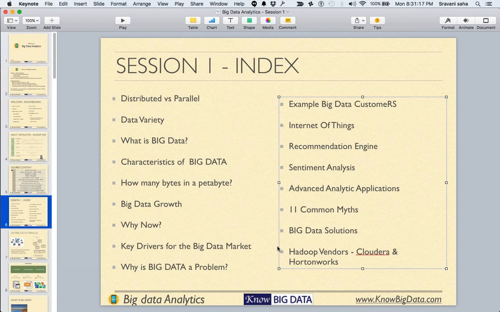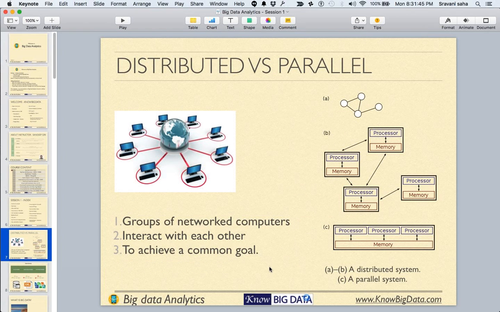In today's session, these are the various topics we will be covering. Those who have been part of my earlier sessions may find most of it repetitive. If you have attended my big data and Hadoop course, the first session, today's session might be similar to that one.